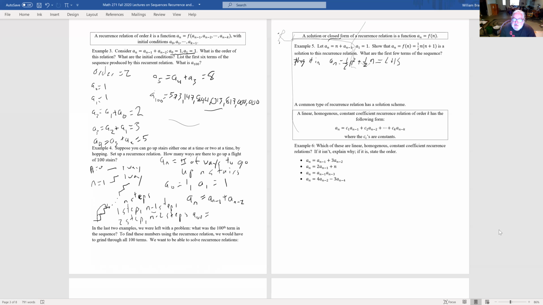The right-hand side is n plus a_{n-1}. So that's n plus, and now a_{n-1} is what we get when we plug in n minus 1 into this formula: 1/2 (n minus 1) squared plus 1/2 (n minus 1). If I plug in n minus 1 for n in this term, I get n minus 1 plus 1, which is just n.